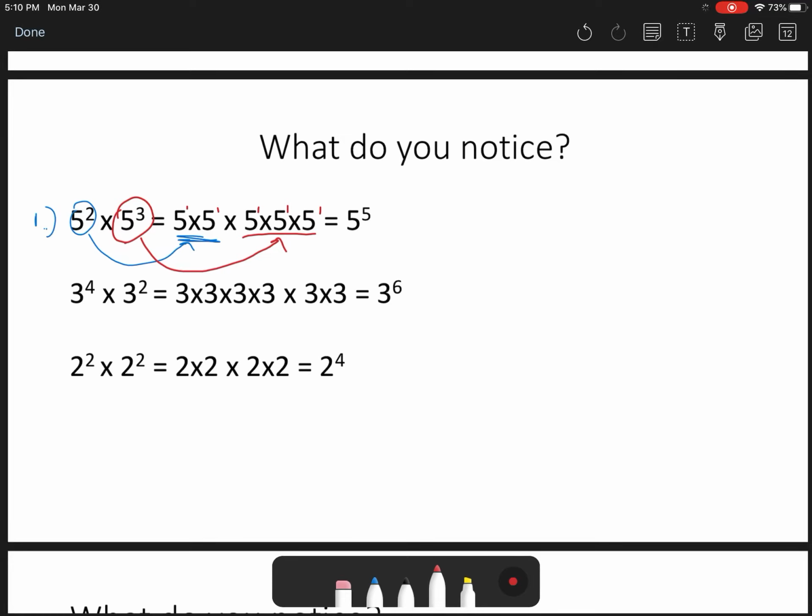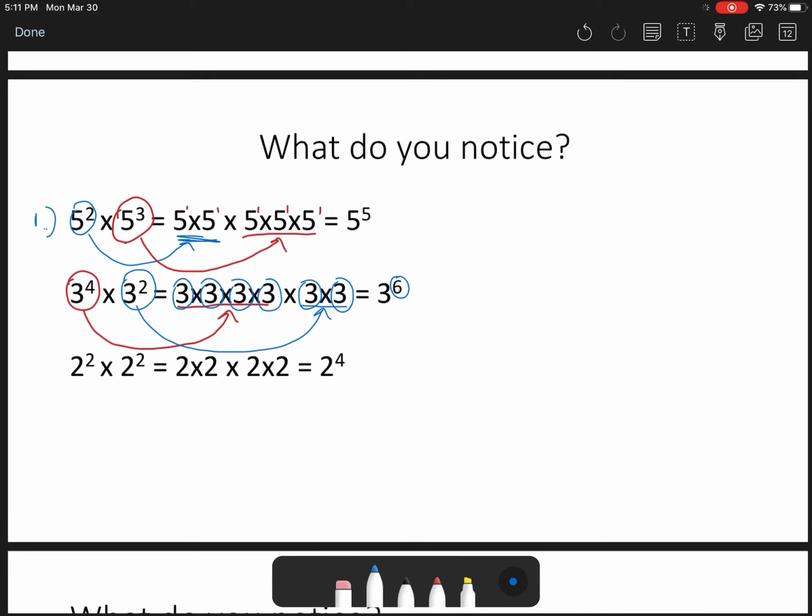Take a look at the next one here. We have 3 to the 4th power. Write it out the long way. It's represented here. 3 to the second, 3 times 3. How many 3s in total? 1, 2, 3, 4, 5, 6.